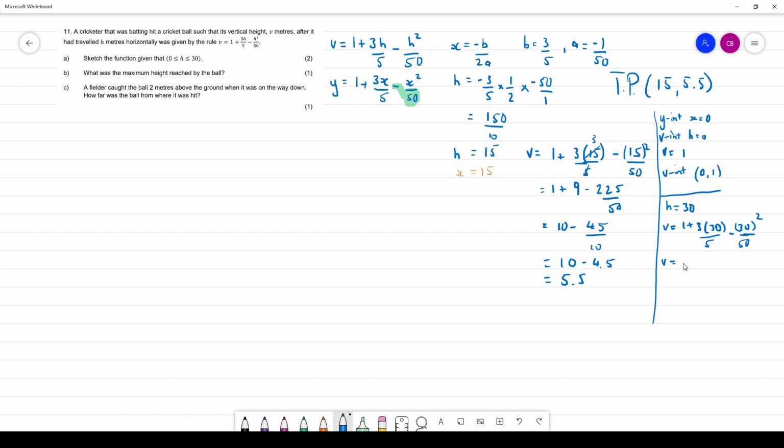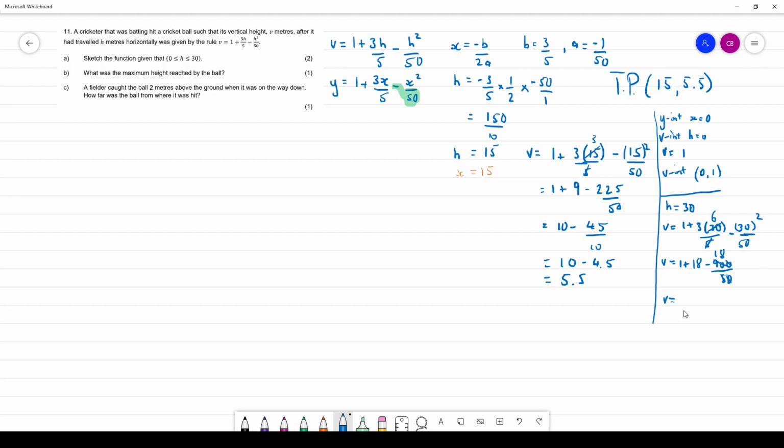So v will equal 1 plus 3, what's 30 divided by 5? That's going to be 6. 3 times 6 is 18, minus 30 times 30 is 900 over 50. I can chop off a 0 from both. Can I do 90 divided by 5? I can. Well, I hope I can, at least. That will make it 18. Please feel free to double check this on your calculator. I might be making a mistake on purpose.